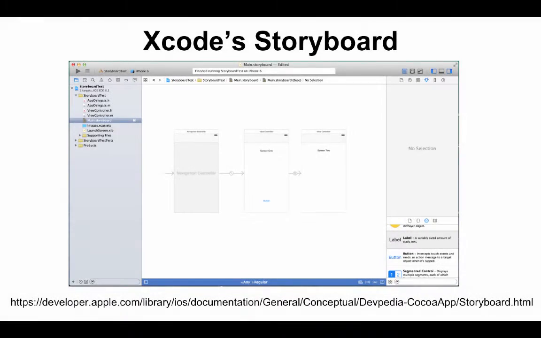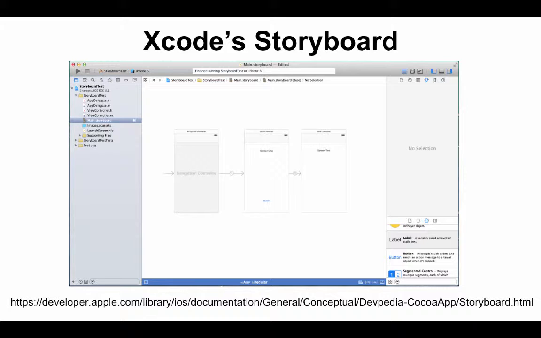So this is going to be the real exciting part. I'm going to be teaching you guys how to prototype using Xcode. Xcode Storyboard is a visual representation of the user interface of an iOS app, showing screens of content and the connections between those screens.